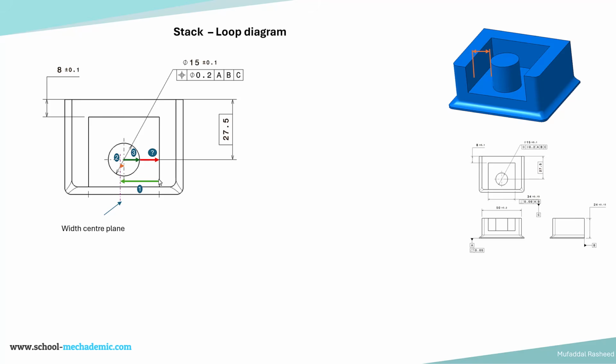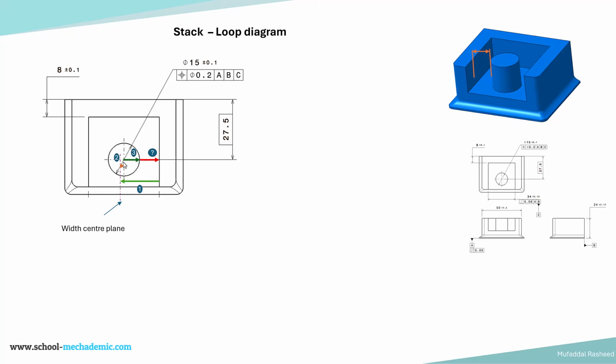So from this surface, the edge, we move to the center plane of the width. Then from that center plane of the width, we move towards the center axis of the pin, because the center axis of the pin will not always align with the center plane of the width. Hence, there will be a variation there, and that is indicated by the variation number 2.